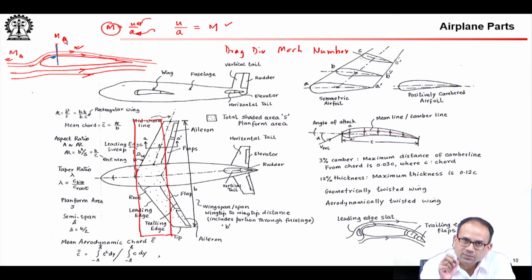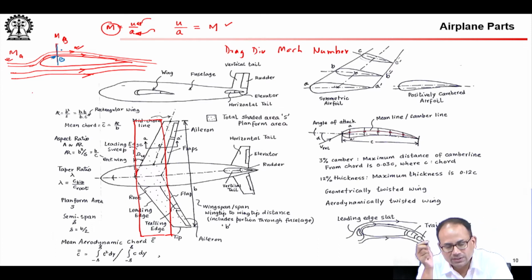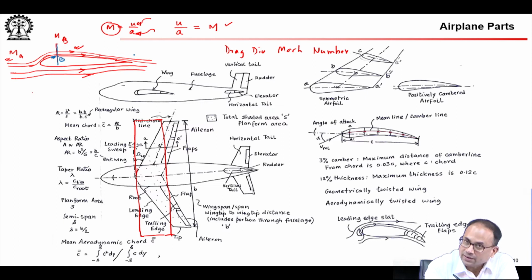So, if your u has become very high, and at this point B on the airfoil, you reach the highest velocity on the airfoil due to the acceleration. After that, flow again decelerates. So, flow accelerates, reaches a highest speed point, and then it decelerates.